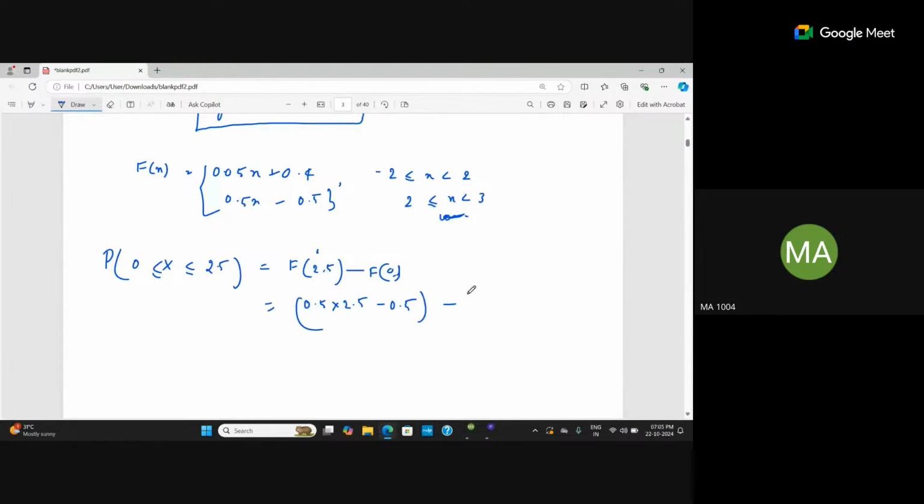And 0 will lie in this interval, so you have to put 0 here. So it will be 0.05 into 0 plus 0.4. Now solve it and check the answer.